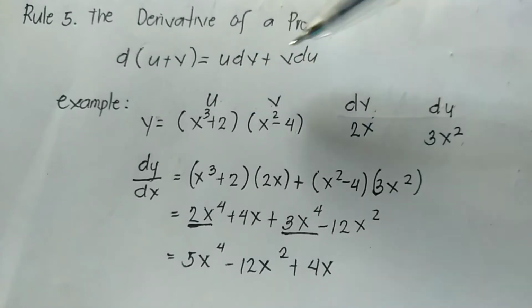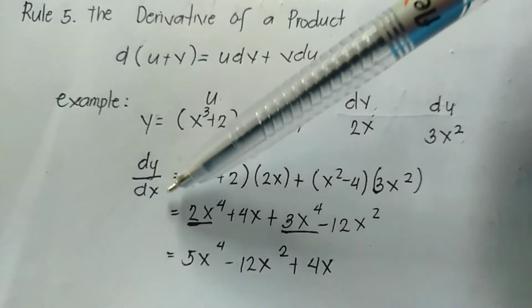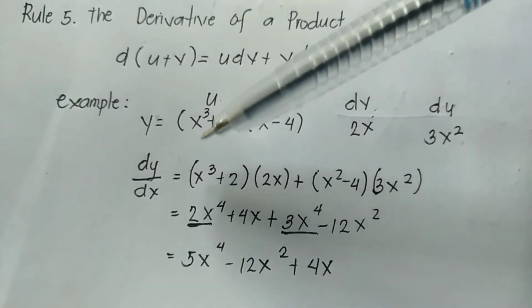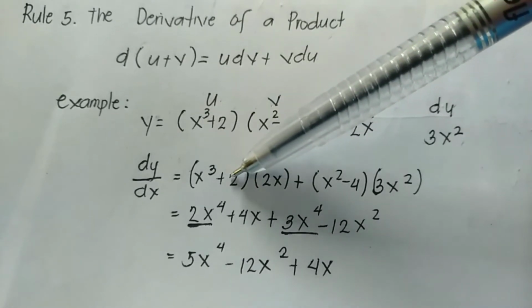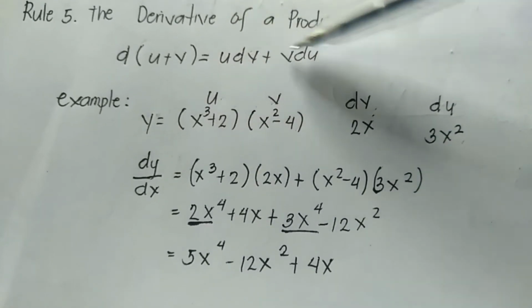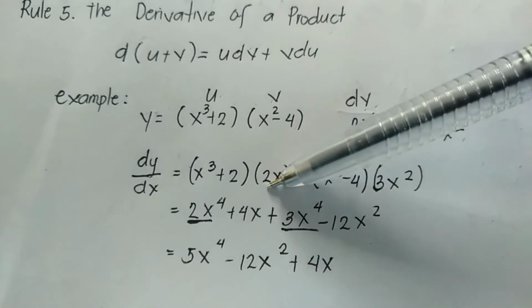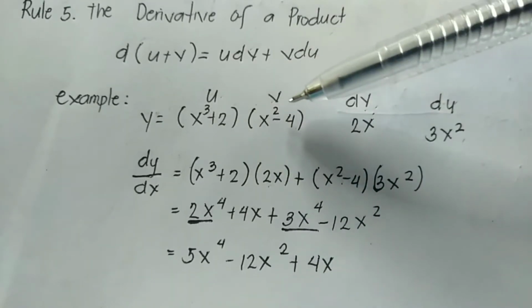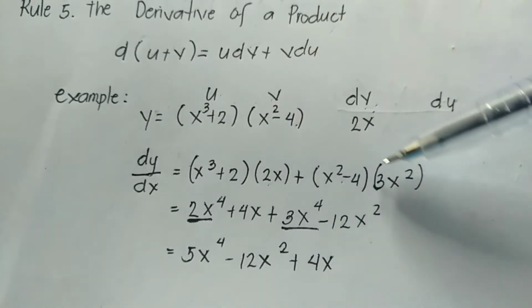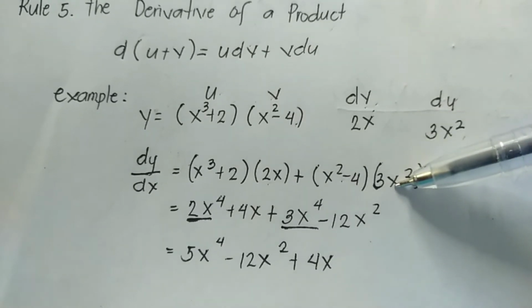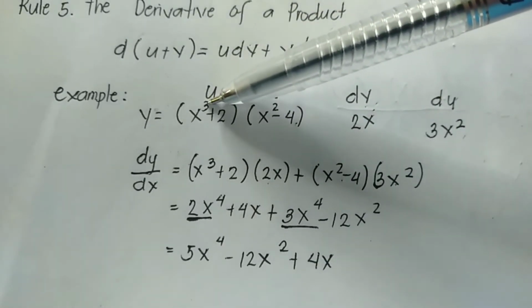So after assigning the u and dv, we must follow the formula. So the derivative of y with respect to x: our u is x cubed plus 2, then the derivative of v is 2x, then our v is x squared minus 4, and our derivative of u is 3x squared.